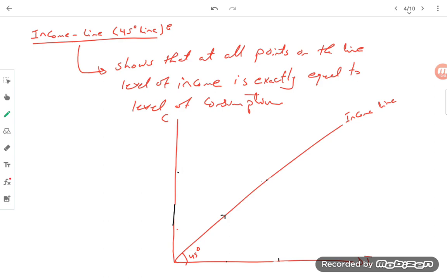And it's positively sloped, as when income increases, you are going to spend more and more on consumption. So this is the consumption function. This is consumption.